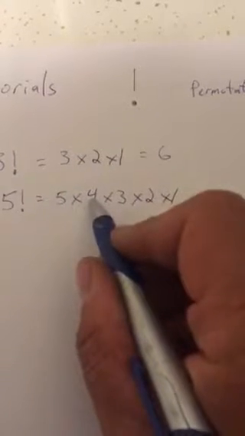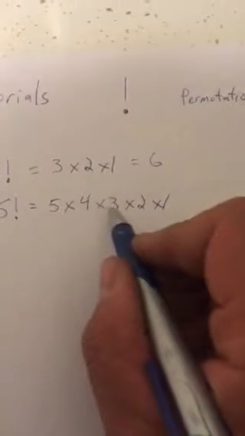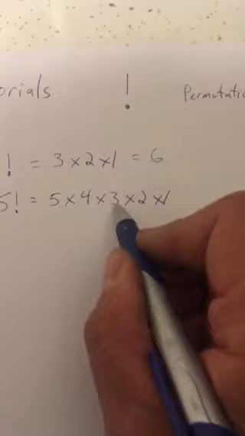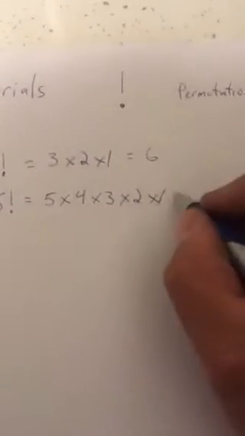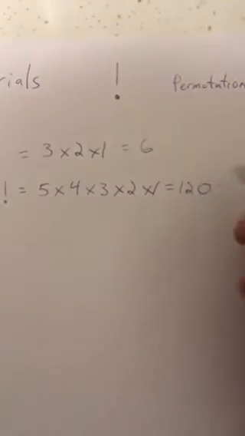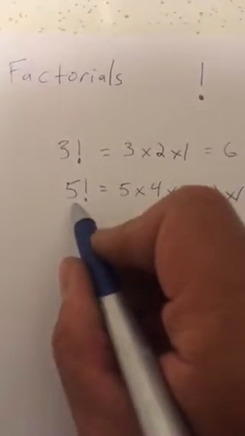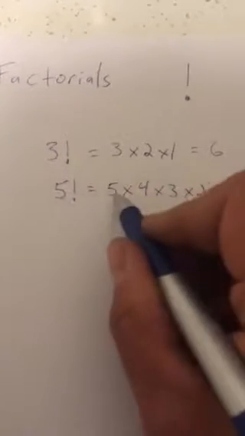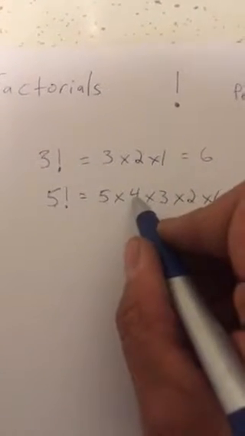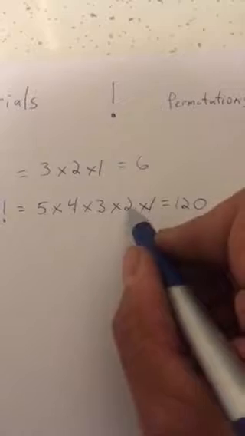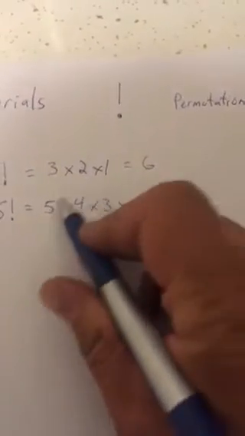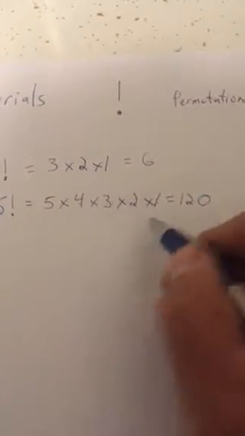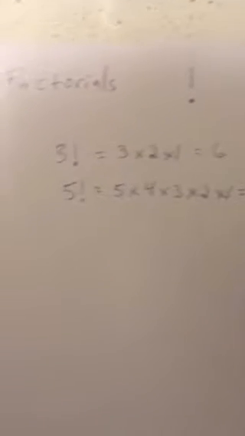So 5 times 4 is 20. 20 times 3 is 60. 60 times 2 is 120. Okay, so when you see, for example, the 5 factorial, it's the first number that you see times 1 less than that, times 1 less than that, times 1 less than that, times 1. And all those numbers together multiplied gives you the answer.